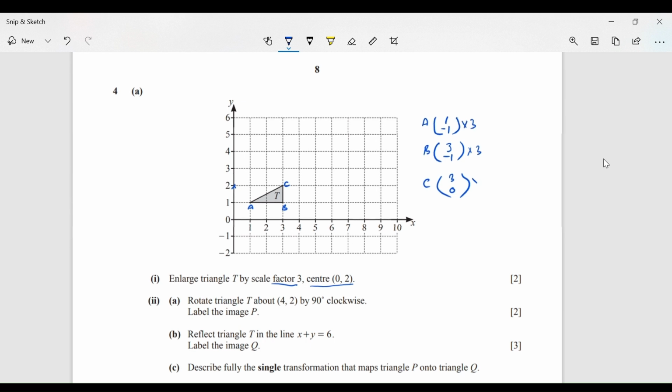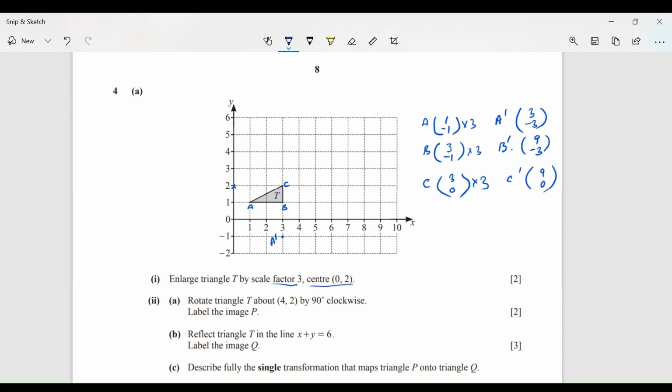Let's find A prime. A prime will be 3 and minus 3. B prime will be 9 and minus 3, and C prime will be 9 and 0. Let's find the coordinates of A prime. A prime will be 3 and minus 3, that means 3 right and 3 down. This will be our A prime.